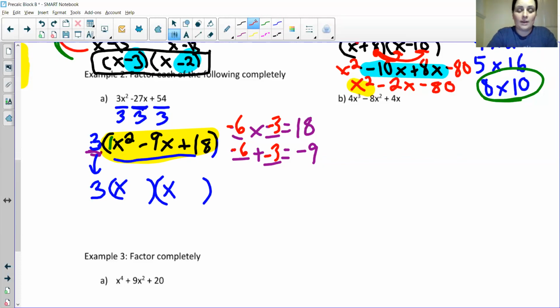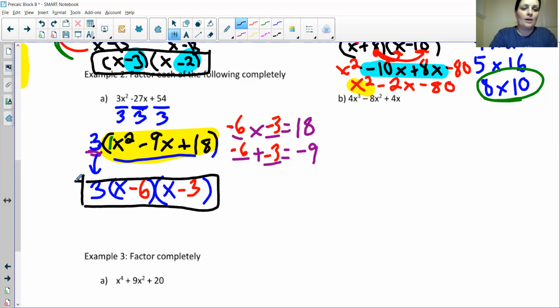So in one bracket, we write negative 6, and in our other bracket, we write negative 3. And we're done. This is our factored form of this expression. And of course, if we want to check our answers, we could FOIL the 2 brackets first, and then multiply everything by 3.